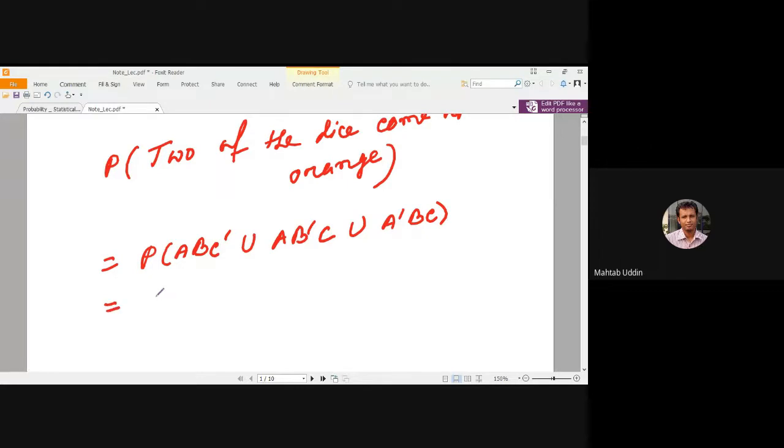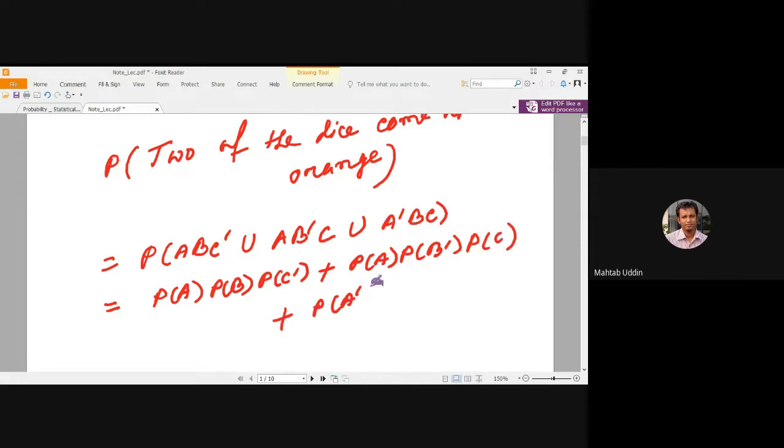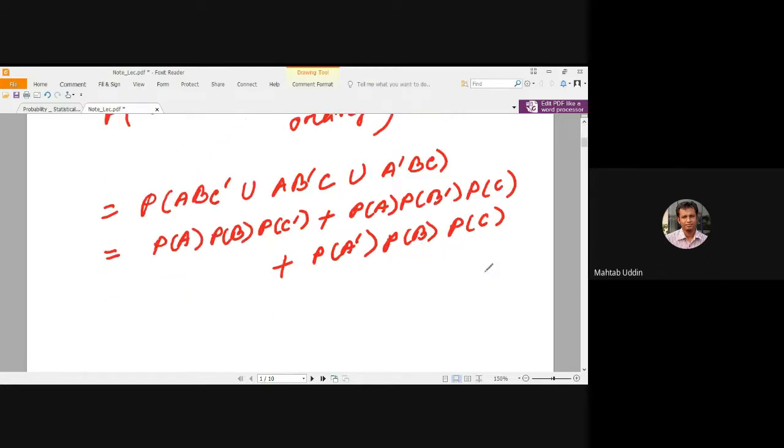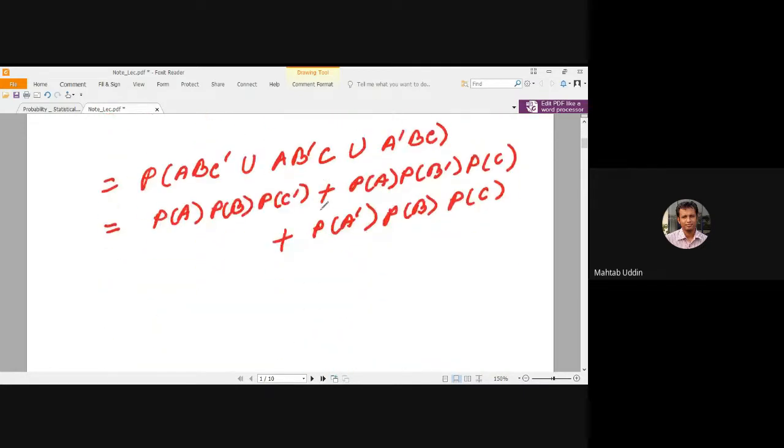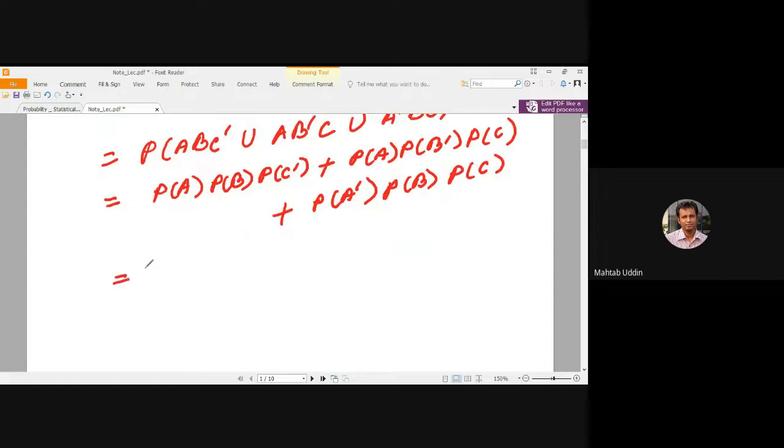Then you can find probability of A, probability of B, probability of C complement. Am I right? Now put the values. We have all sort of values here. After the calculation, you will get 2/9. Do you understand?